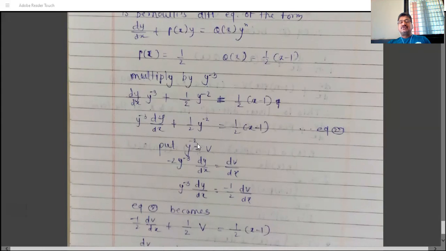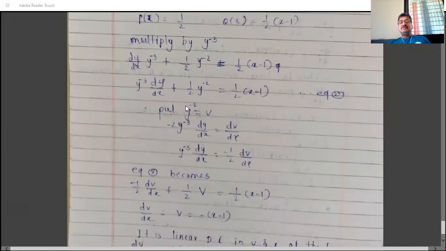And then we put y raised to minus 2 as v. So we take y raised to minus 2 as v, and differentiate with respect to x on both sides. So we have minus 2, y raised to minus 2 minus 1 is minus 3, into dy by dx, because the derivative is with respect to x, is equal to dv by dx.